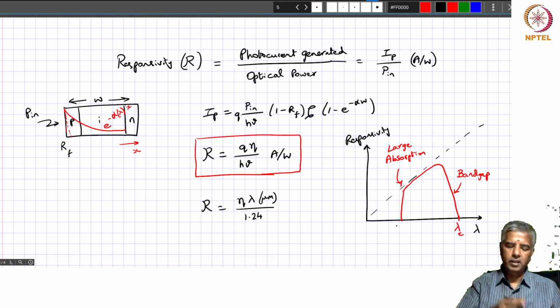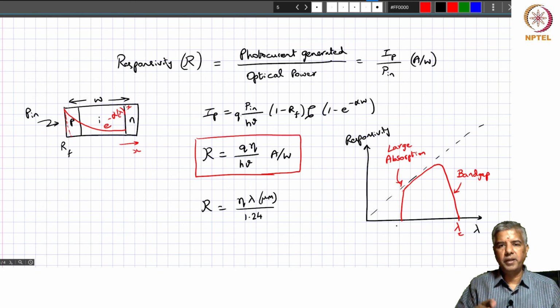Large absorption corresponds to very small penetration depth, and small penetration depth once again leads to very poor responsivity.